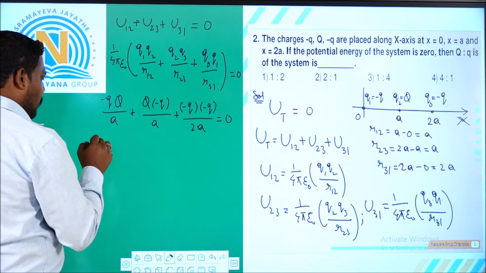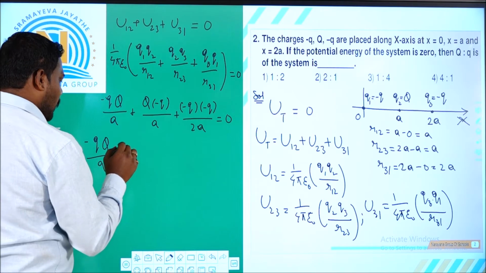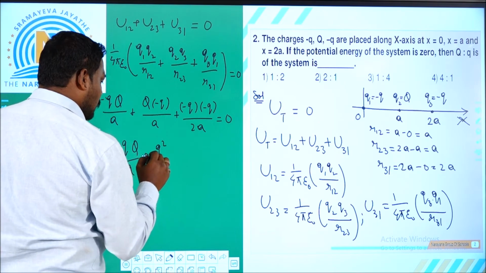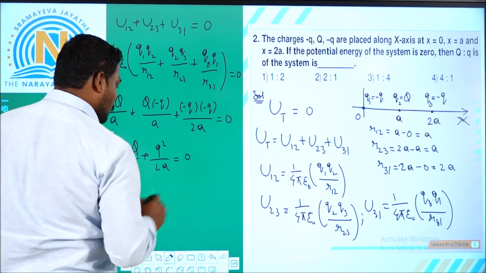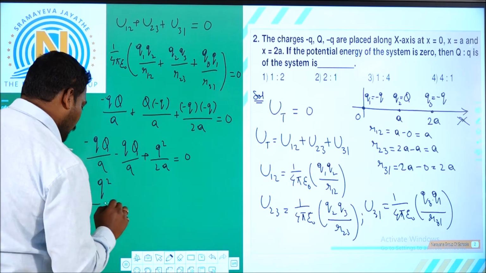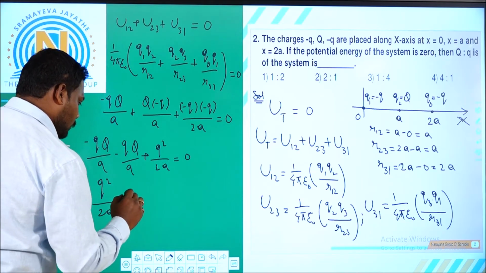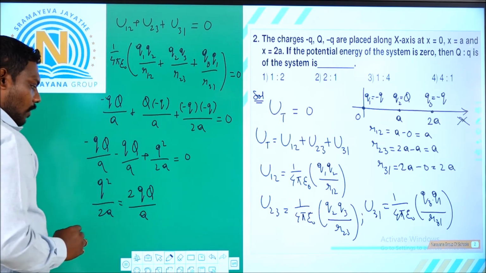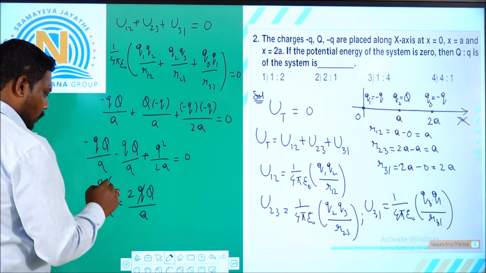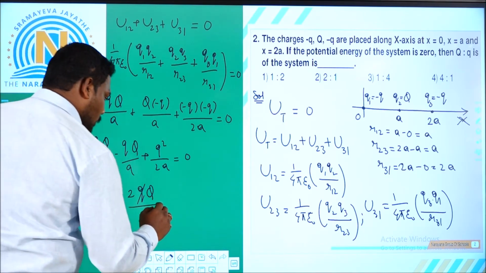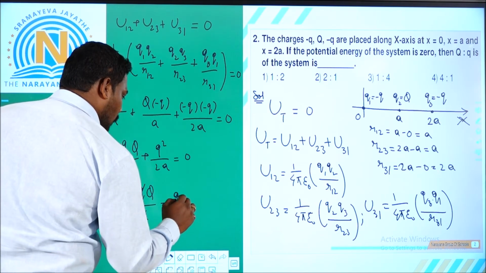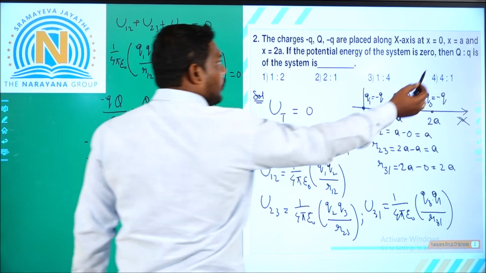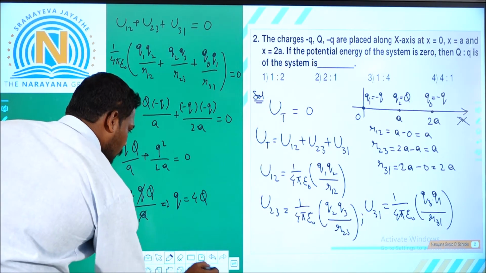Now this can be minus Q by A minus QQ by A plus Q square by 2A is equal to 0. So finally you will get Q square by 2A is equal to 2 small q into capital Q by A. Okay, this Q and square, A and A get cancelled, so you will get small q is equal to 4 into capital Q.